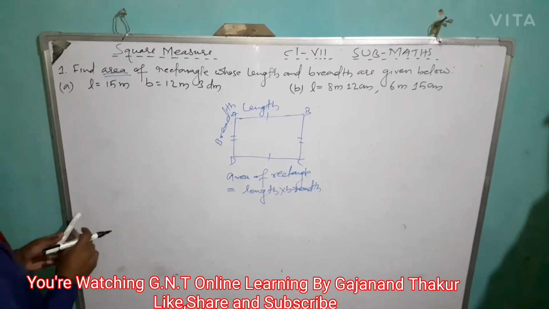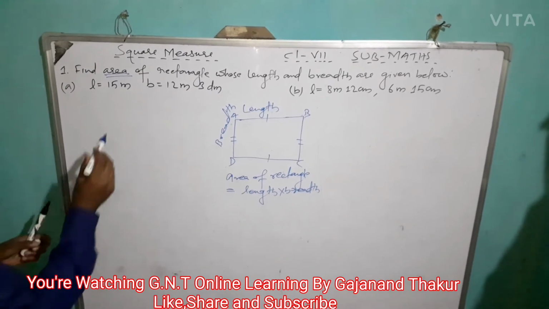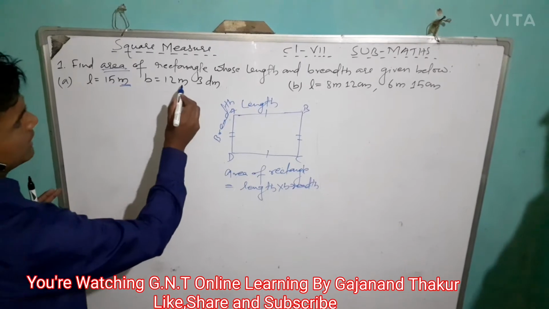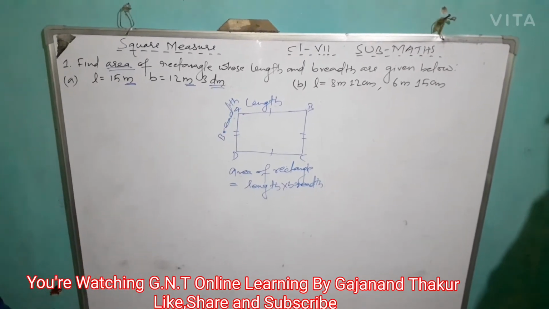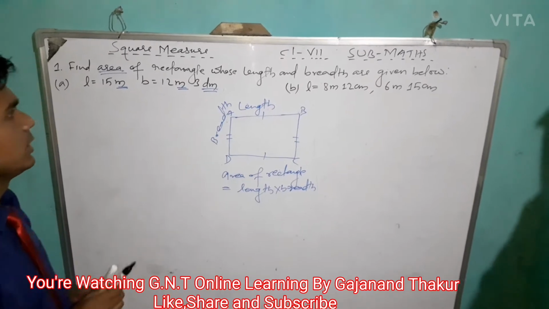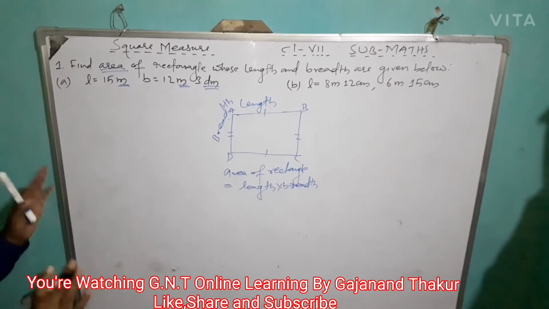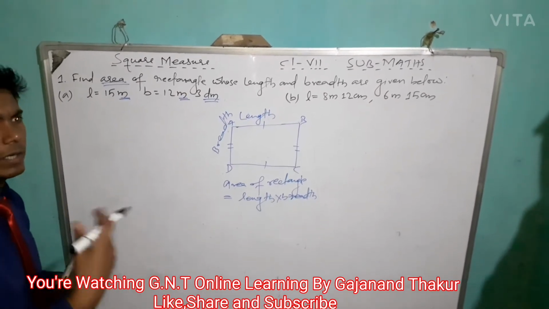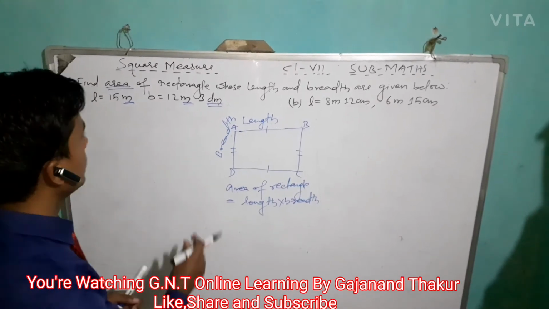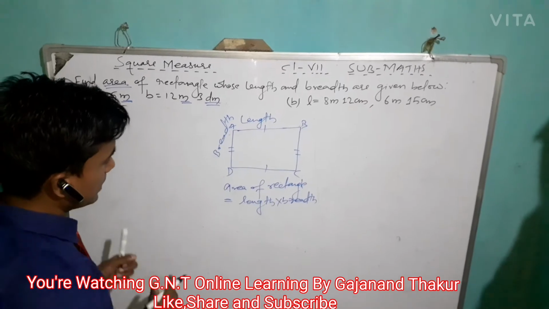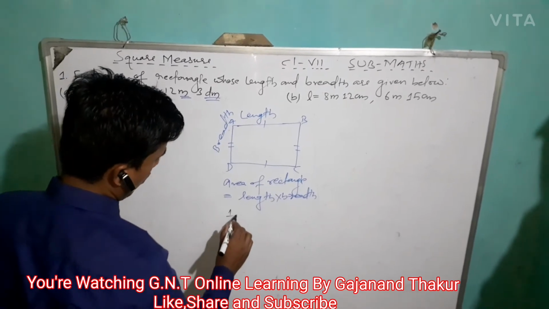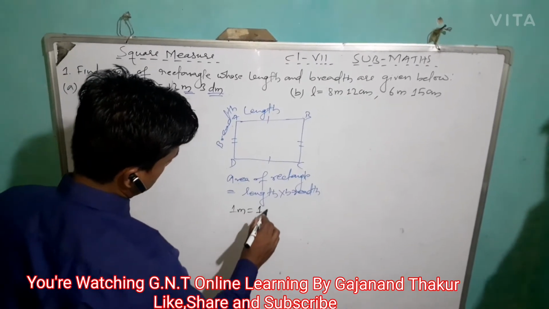So here we have two different units, meter and decimeter. When we have two different units, we need to convert them into the same unit, and we convert into the smaller one. When we compare meter and decimeter, 1 meter equals 10 decimeter.